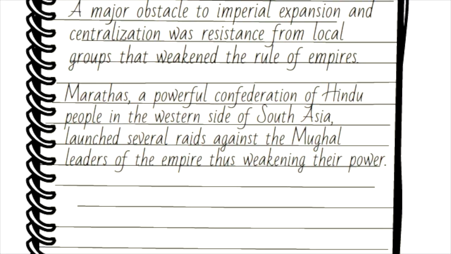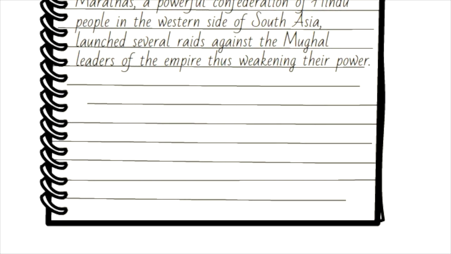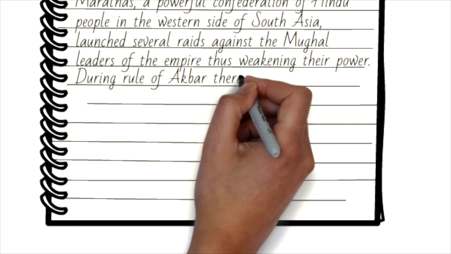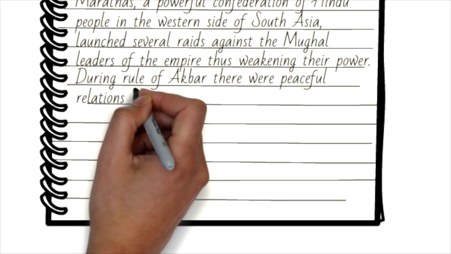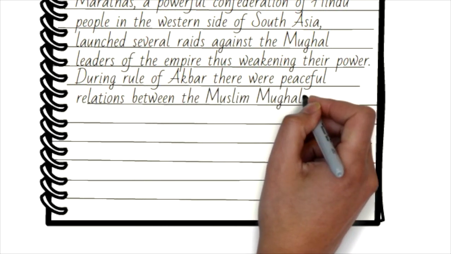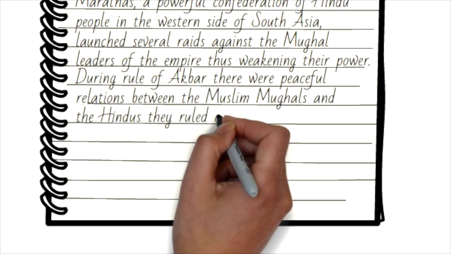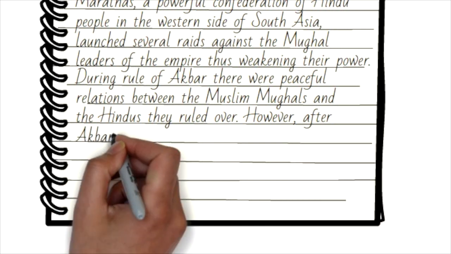And then, anytime you can put more evidence and elaborate in your argument, it's going to make that better. You could follow up with this sentence. During the rule of Akbar, there were peaceful relations between the Muslim Mughals and the Hindus they ruled over. However, after Akbar's death, less tolerant leaders oppressed them.